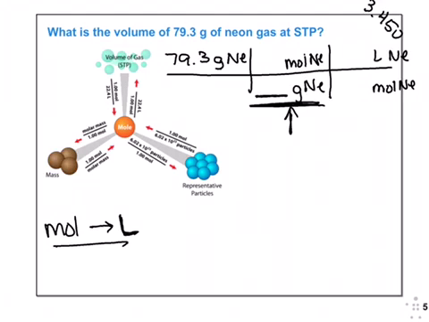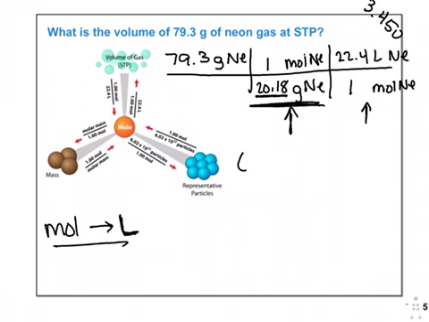Good. So we look for the atomic mass of neon. And it is 20 point something. 20.18 to how many moles? 1. Then what is our moles to liter ratio? 1 mole to 22.4 liters.